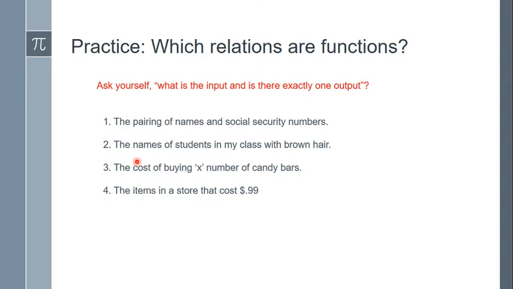Then we would go through our database and it would output my social security number. I'm not going to tell you what that is, but it would output a single answer. I don't have two social security numbers, I just have one. And that's true of every person. We put in a name, one social security number comes out. So I would say that this relation is in fact a function.